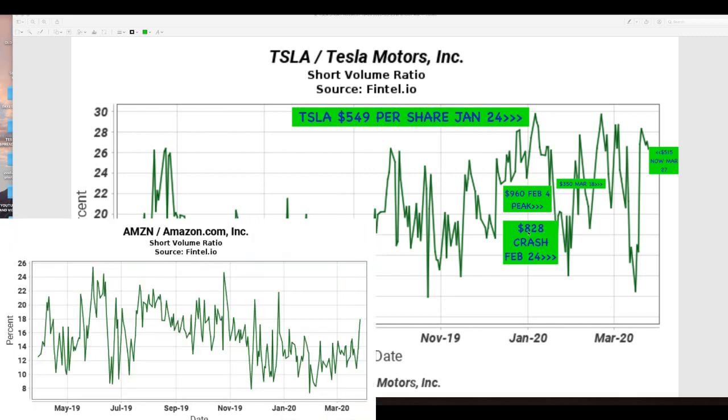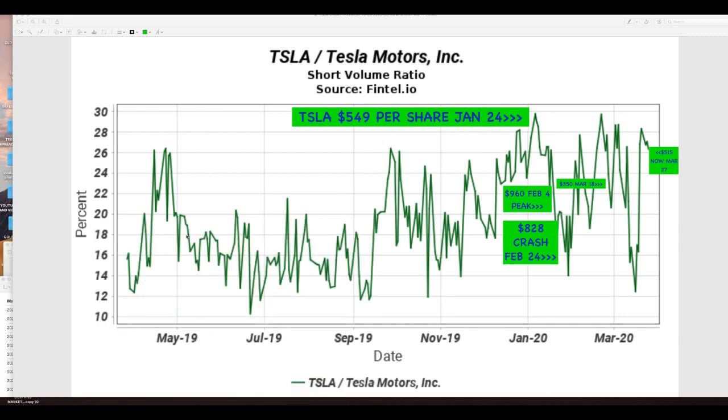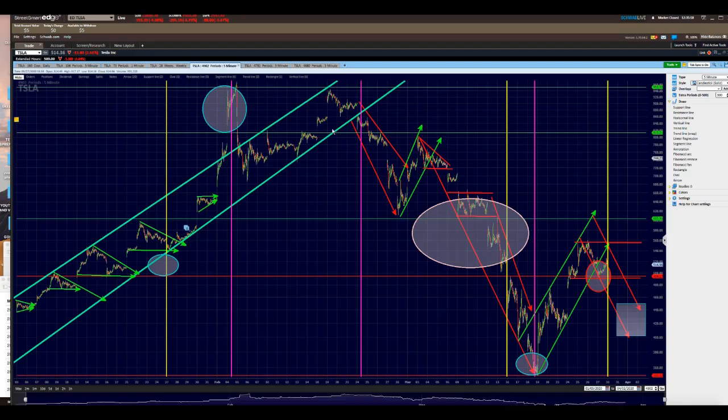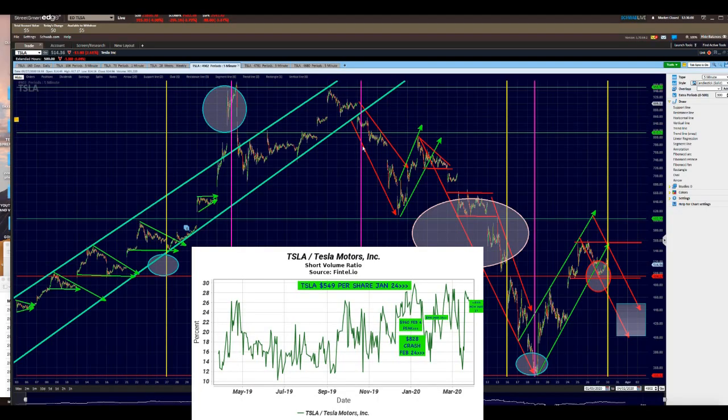Now if we go to the third part where the crash is, the $828 per share, at the crash on February 24th, let's see what we've got from there. That would be the middle pink bar. So what was the short interest there? It was down even further. That's not making a lot of sense, right?